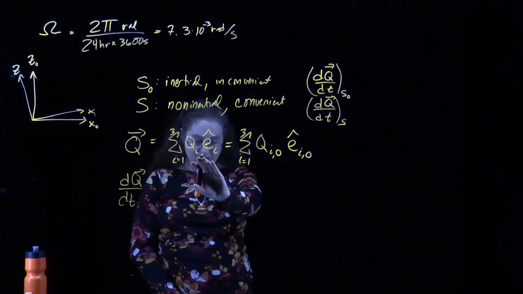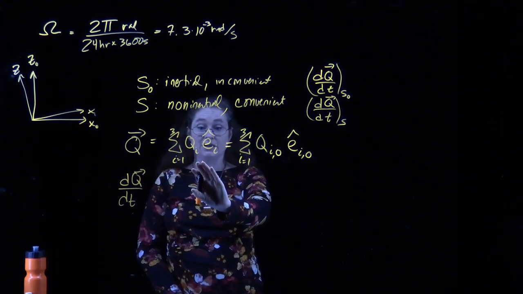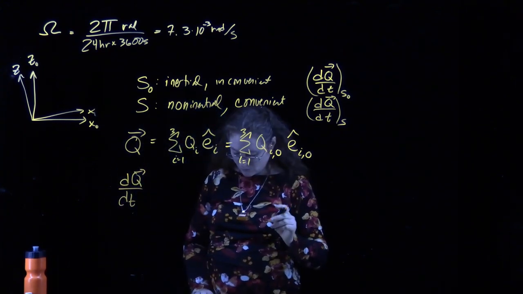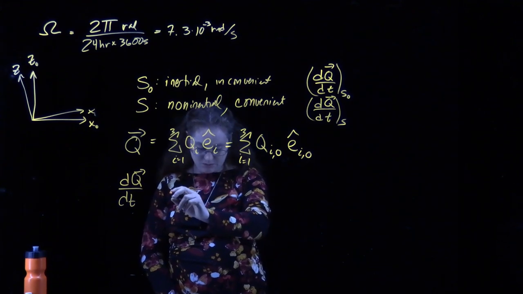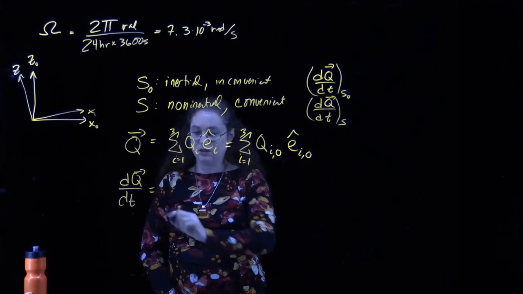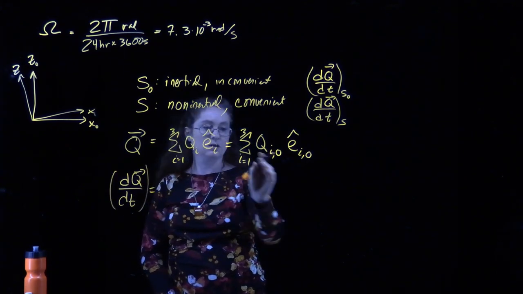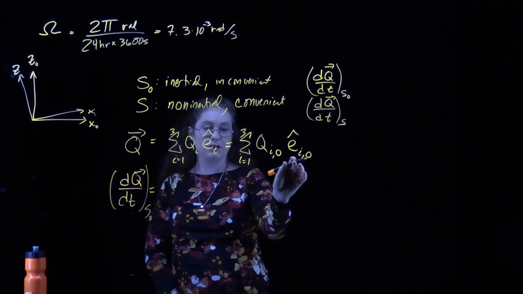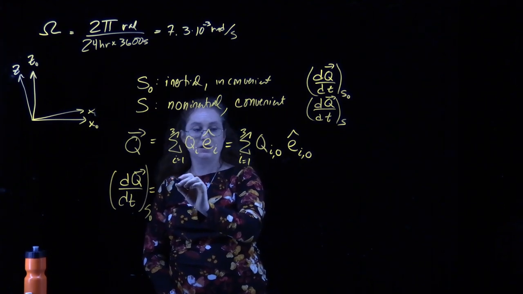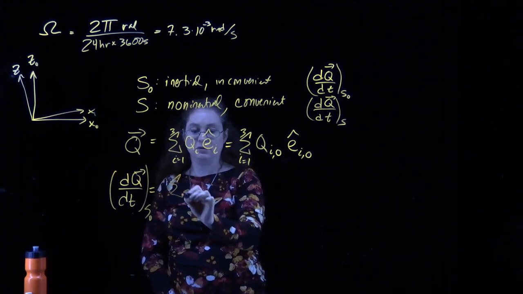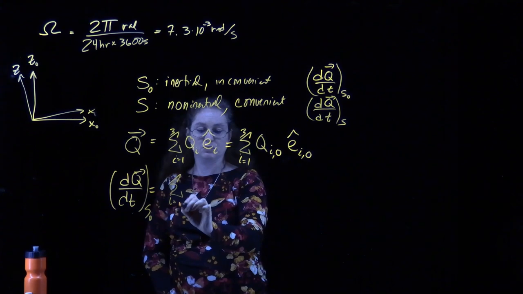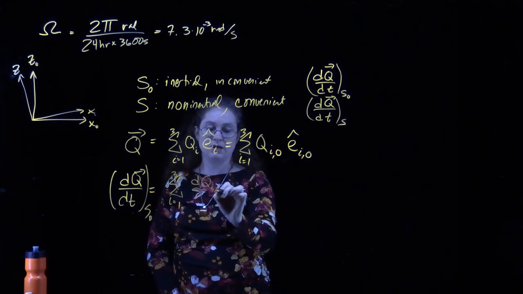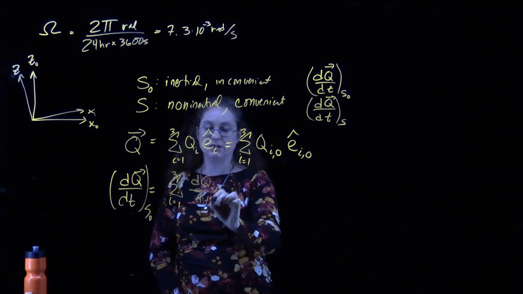This part we have to apply the product rule. So here, this is this side. If I do this in the S naught frame, I look at this side, and here I have the sum over i equals 1 to 3 of dq_i naught dt.